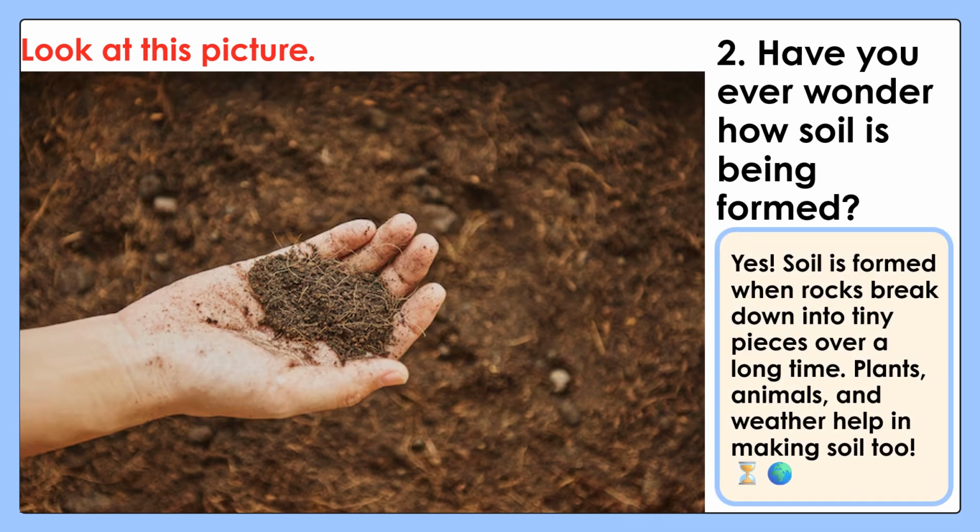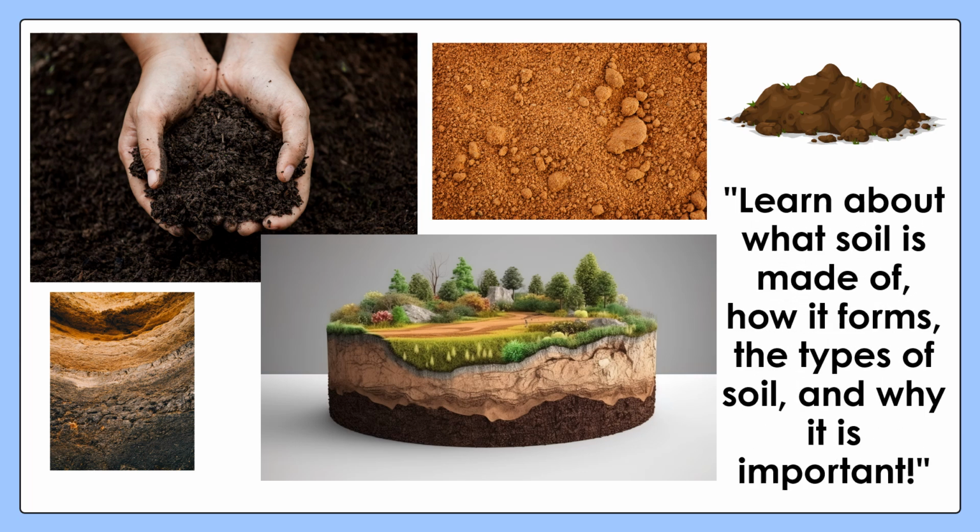Yes, soil is formed when rocks break down into tiny pieces over a long time. Plants, animals, and weather help in making soil too. Learn about what soil is made of, how it forms, the types of soil, and why it is important.